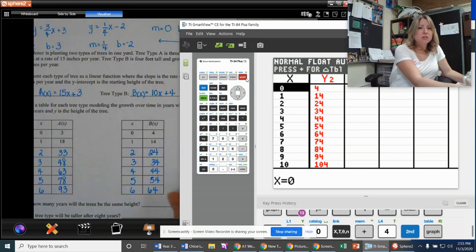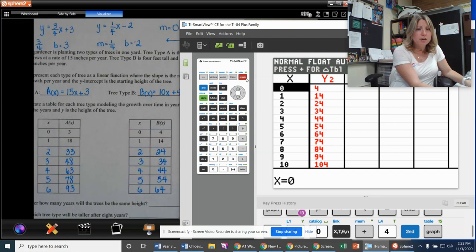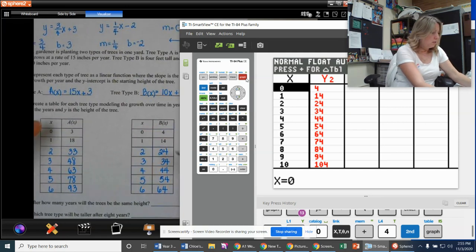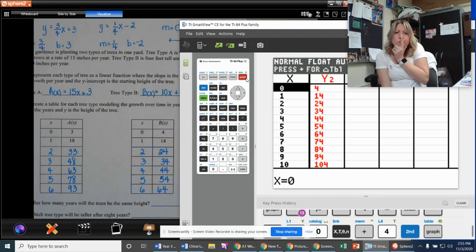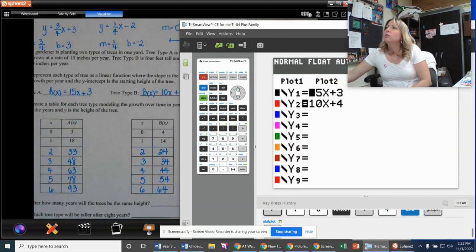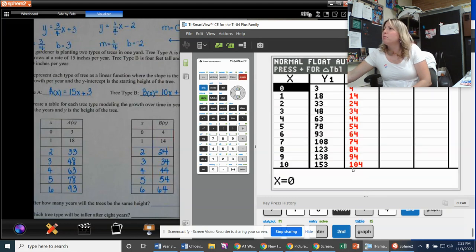okay, I can see that one of them is starting to kind of, let's look at them both at the same time. Y equals, let's arrow right, let's highlight, and let's look at both our tables.